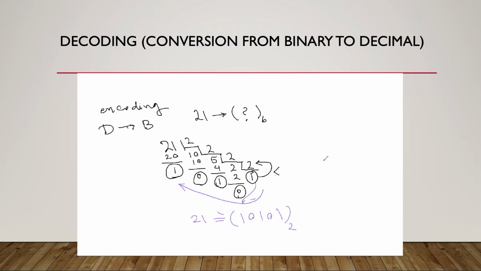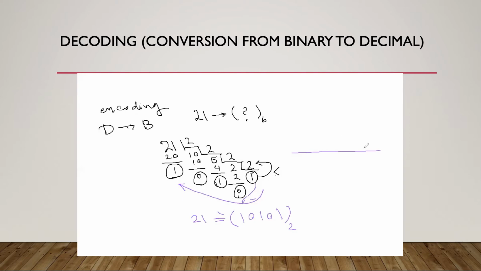I'm going to tell you an easy way. So for converting 21 to binary, to base 2, I can just have a table here.